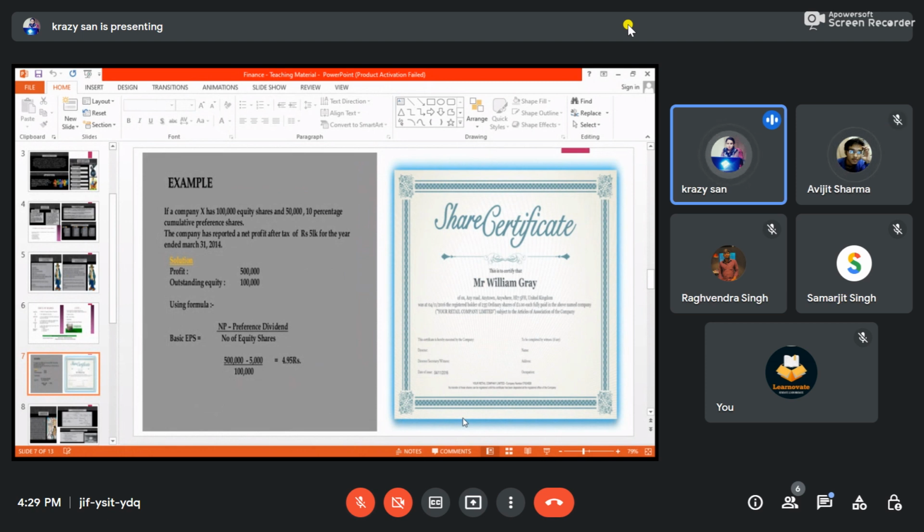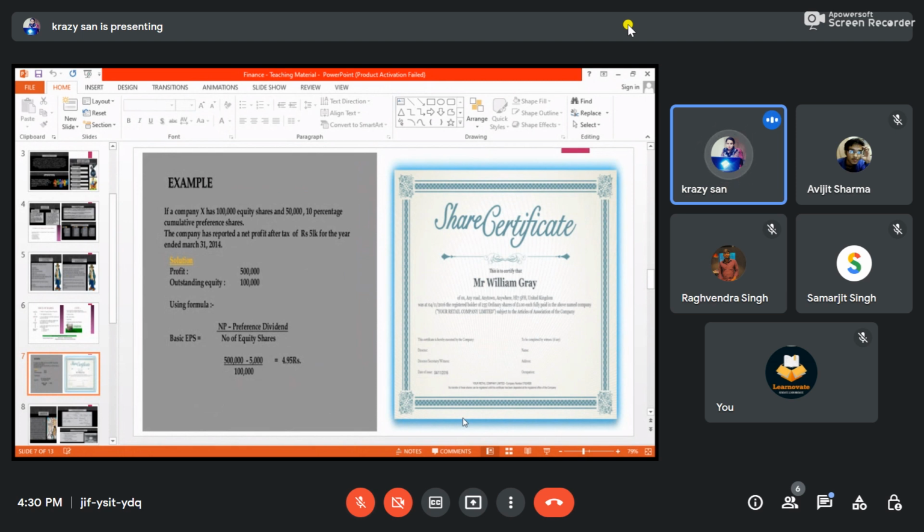Whenever you buy a share, you get a share certificate, and these certificates can differ from company to company. The share certificate will show your name, for how long you have taken it, what the company has promised you, the amount of dividend or interest, and whether it is at par, at premium, or at discount.